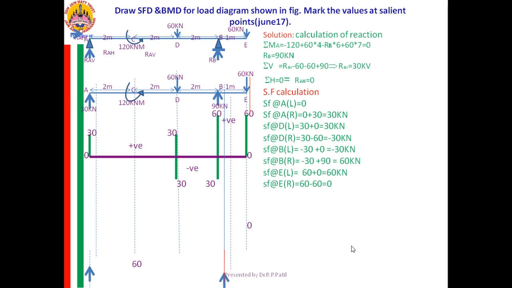Now I need to join all these points. From A left, I am coming to A right. From A right, I am going to D left. Now see the load between A and D. No load. That is why SF will be a parallel line.